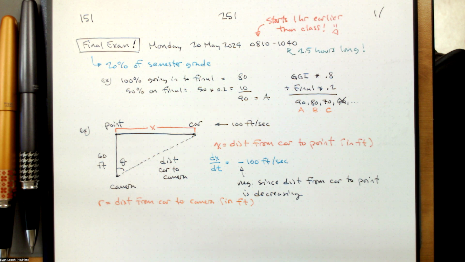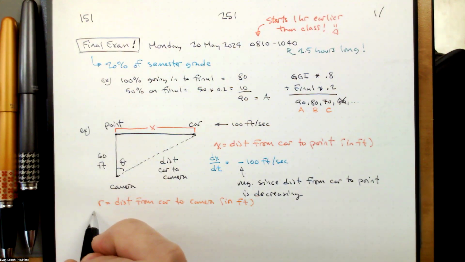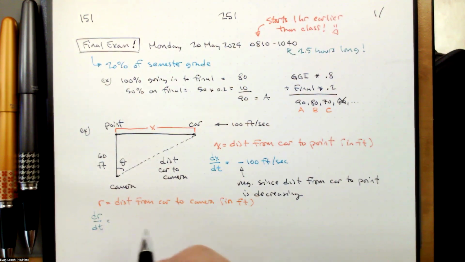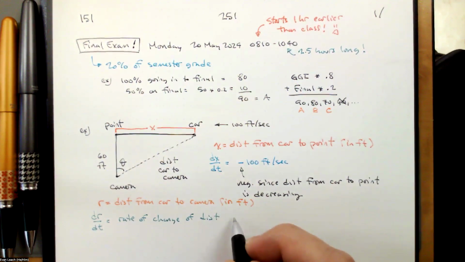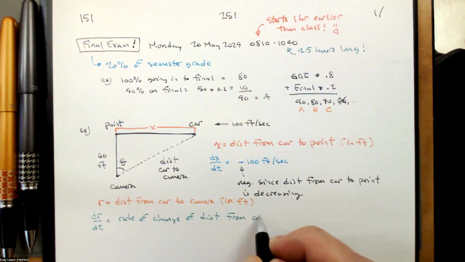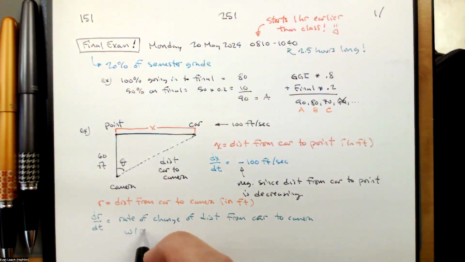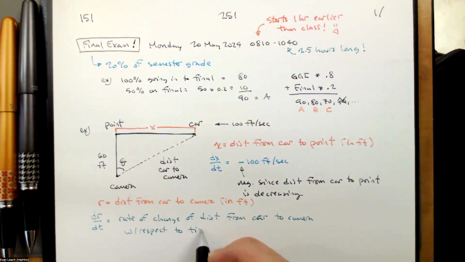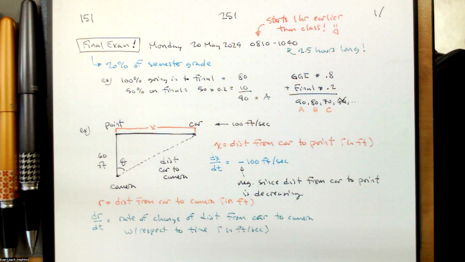So one of the rates that we're looking for is dr dt. dr dt will be the rate of change of the distance from the car to the camera with respect to time.